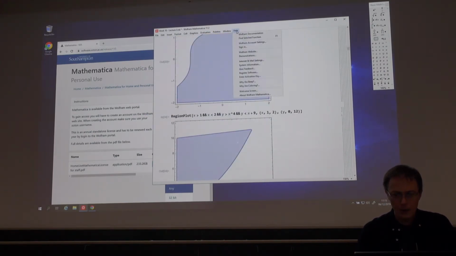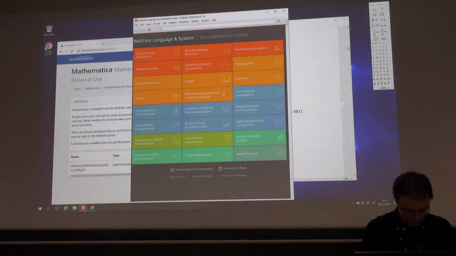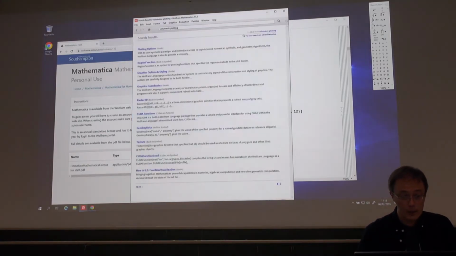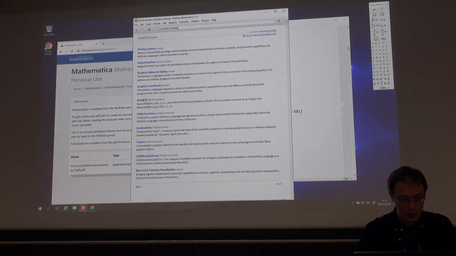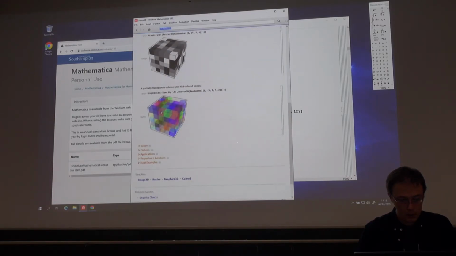I don't actually think it's the latest version of Mathematica that did that. Volumetric plotting. Let's see what we got in there. Raster 3D. So that does things like this transparency in 3 dimensions. So neat examples.